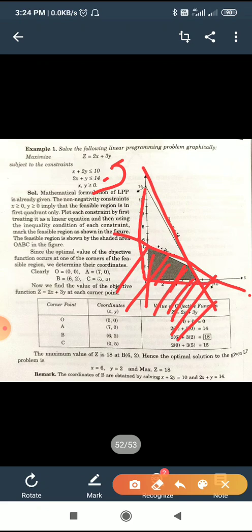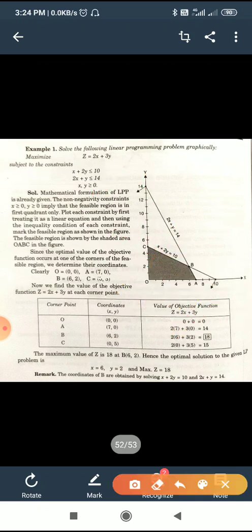So the bounded region of this LPP on the graph paper is this shaded area. First of all we find the bounded region by using restrictions and non-negativity conditions and shade it. This is the bounded region.